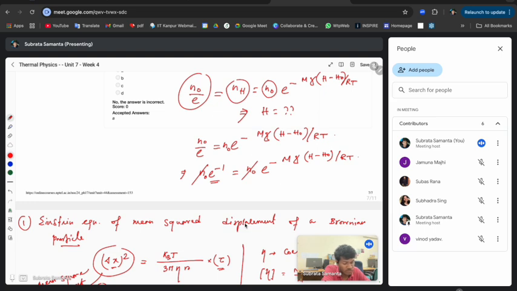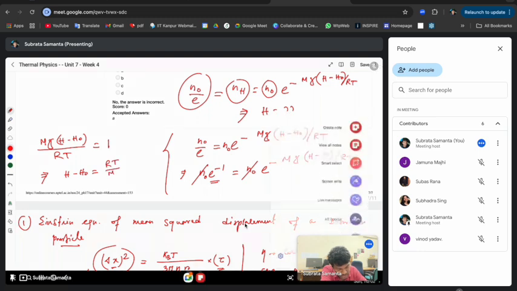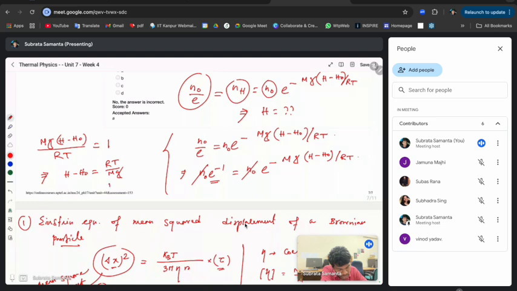Comparing, or equating, the power of the exponent, mg(h minus h naught) over RT equals 1. So it gives h minus h naught equals RT over mg, so h equals h naught plus RT over mg.